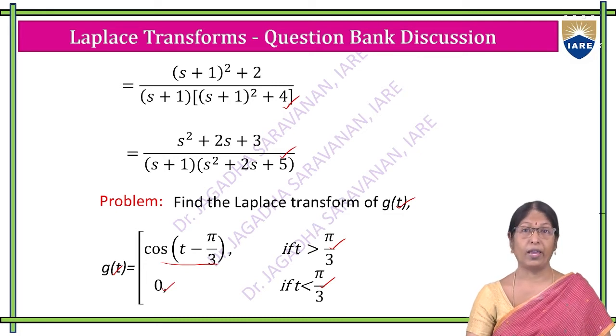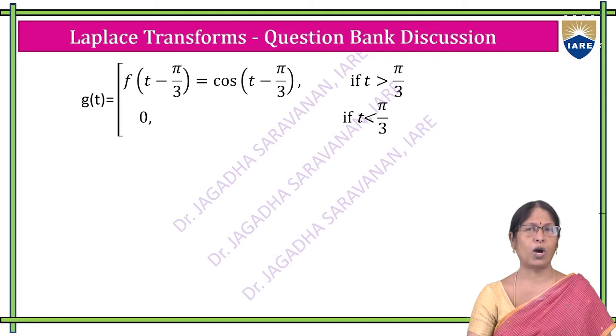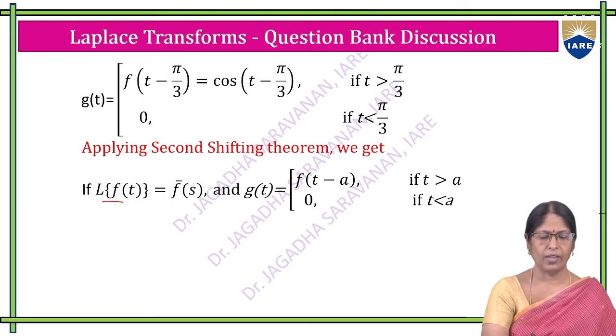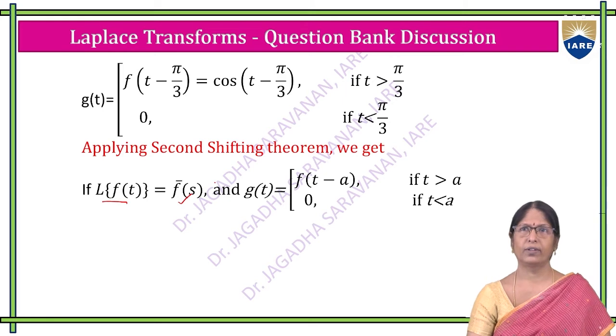What about our f of t? L of f of t is nothing but f bar of s. How to solve this problem? We can see here, L of f of t is f bar of s.